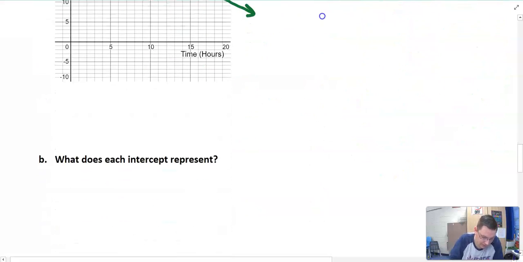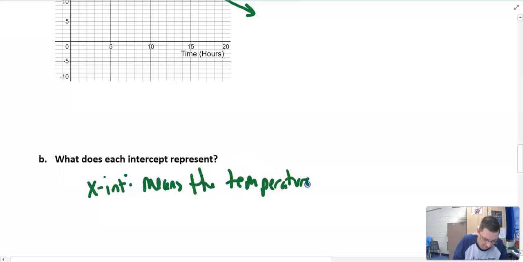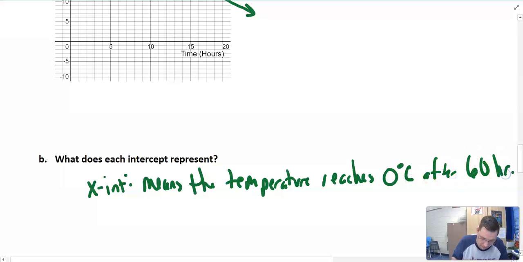So the x-intercept means the temperature reaches 0 degrees Celsius after 60 hours.